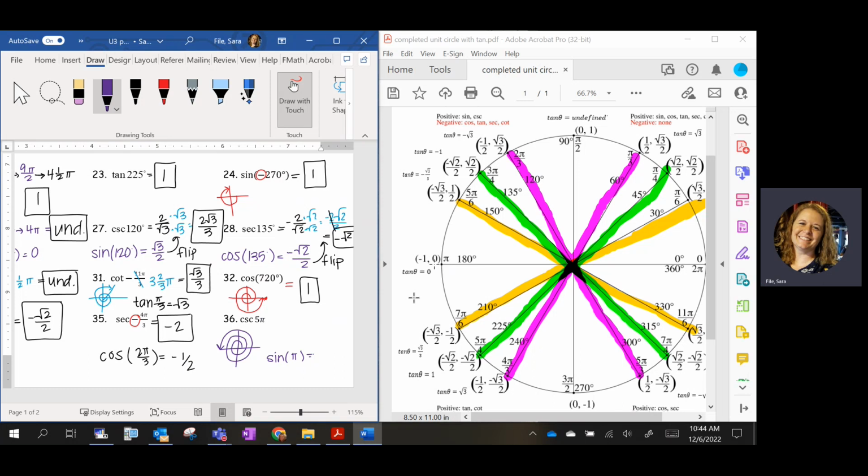What's sine at pi? Sine here is 0. So what's the reciprocal? Nope. What did we say the reciprocal of 0 is? Undefined.